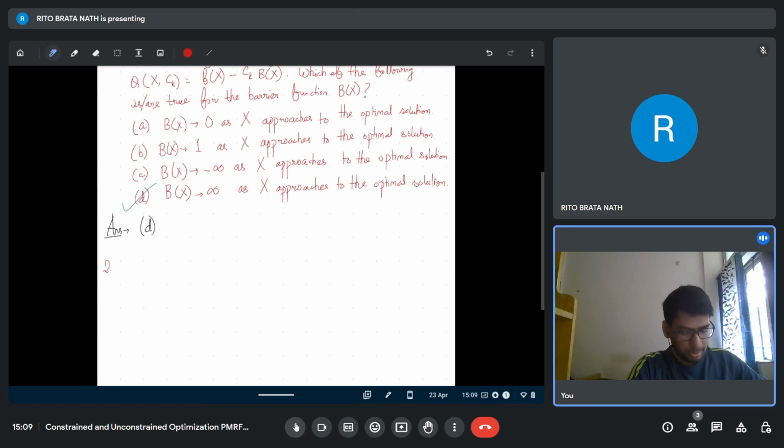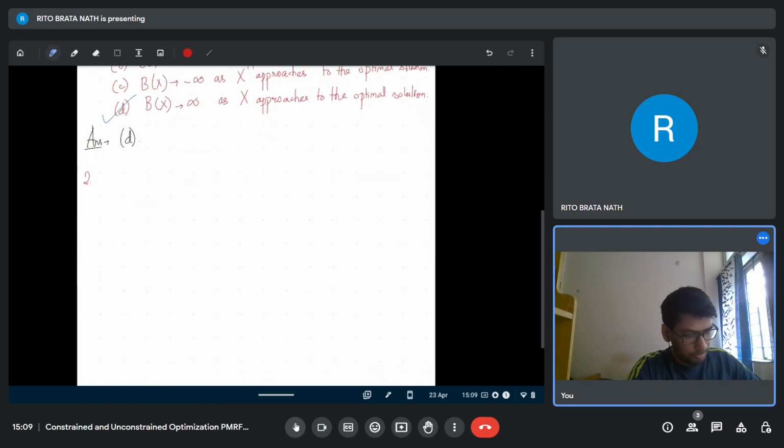Let me start with the second problem. It's also on the interior penalty function method, and now it's on the coefficient, or the penalty parameter, that you have.